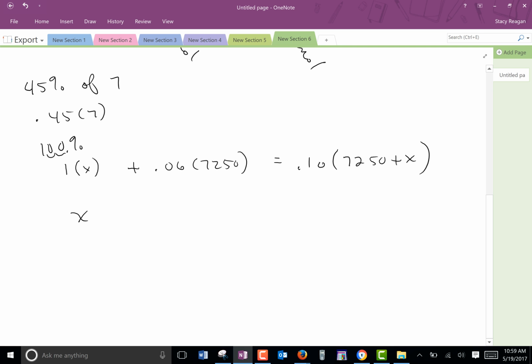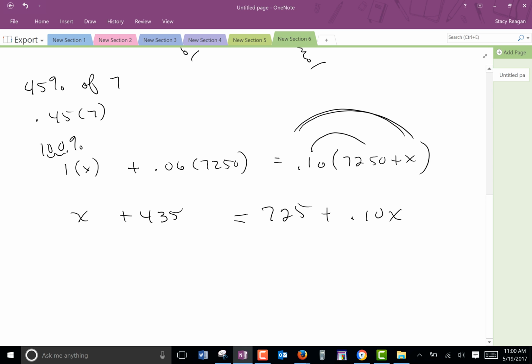If I take my calculator and I do 0.06 times 7250, I get 435 equals, this 0.10 would need to be distributed, so 0.10 times 7250 is 725 plus 0.10 times x is 0.10x.